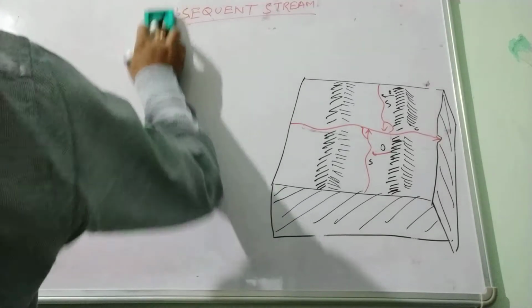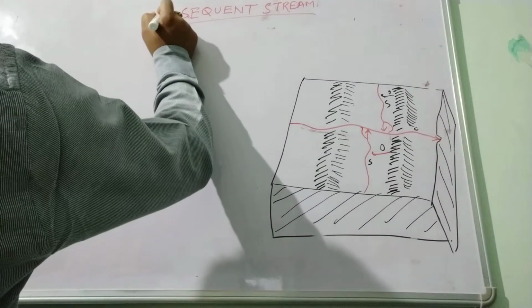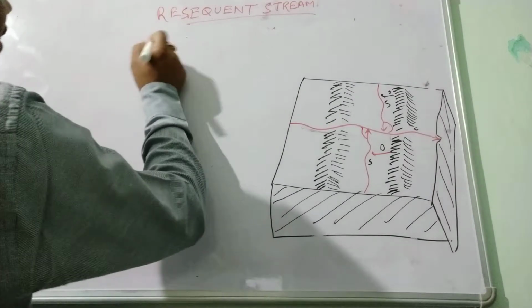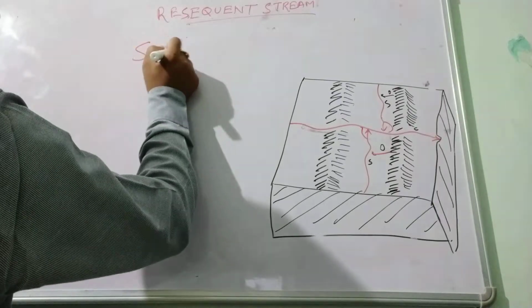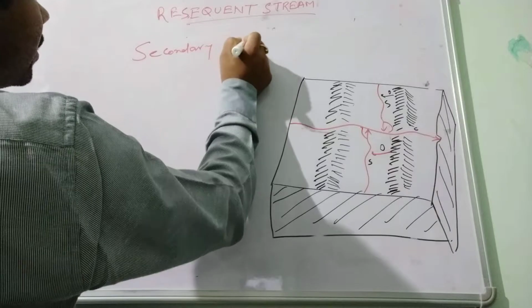Next is the resequent stream. The resequent stream is also known as the secondary consequent stream.